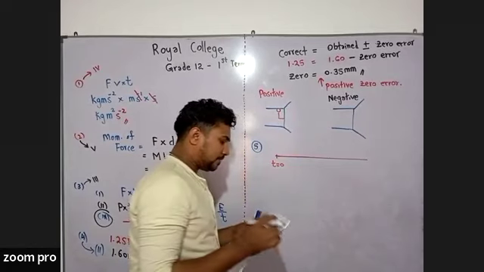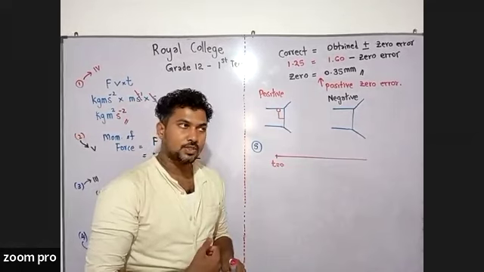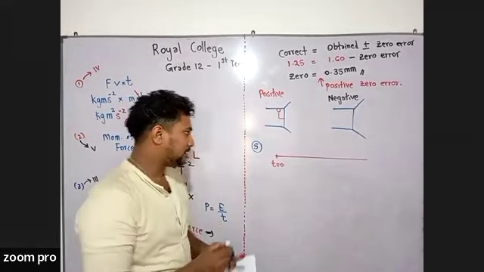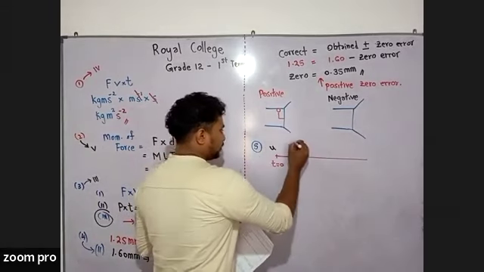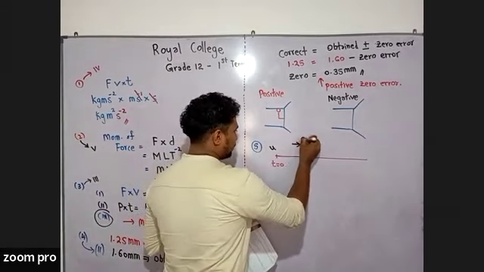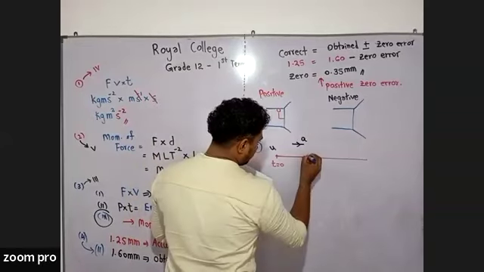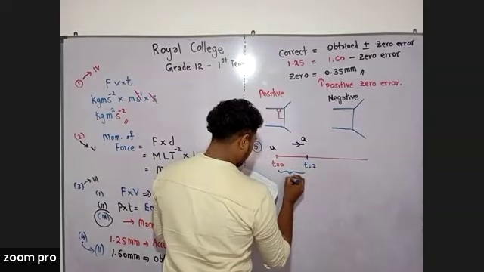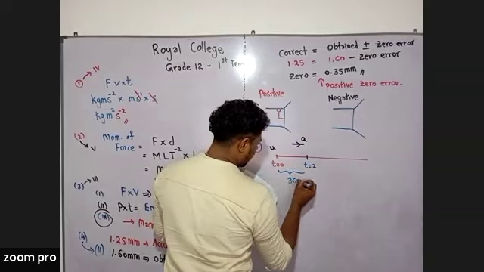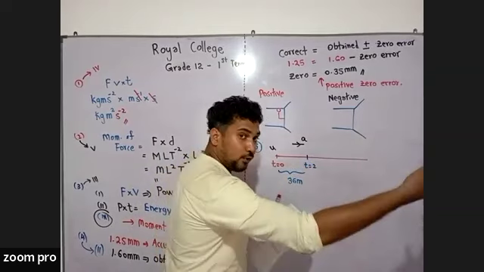Now the question didn't mention whether the initial velocity is 0 or not, right? So it's better to assume the initial velocity as u and the acceleration of this object as a. The distance traveled within the first 2 seconds is 36 meters, and 48 meters in the next 4 seconds.